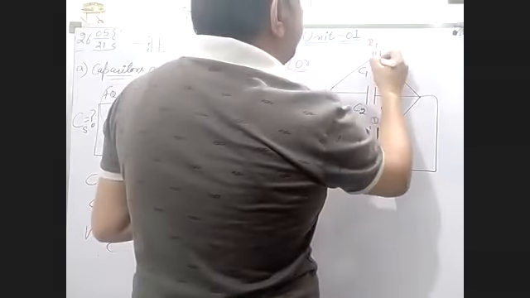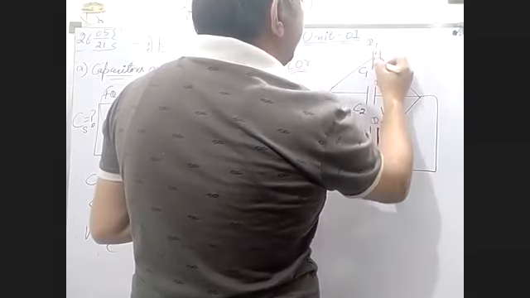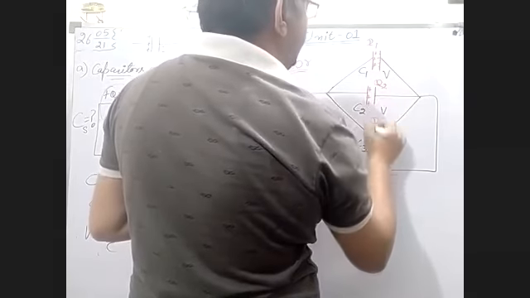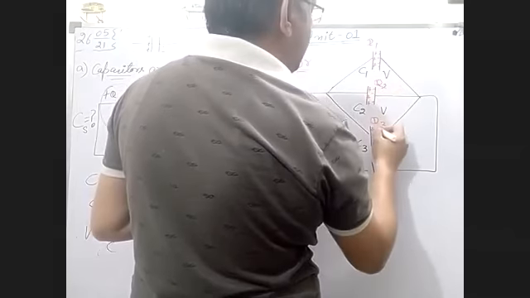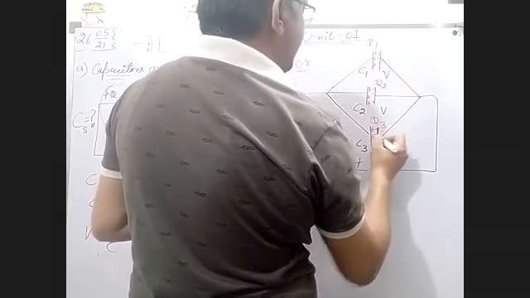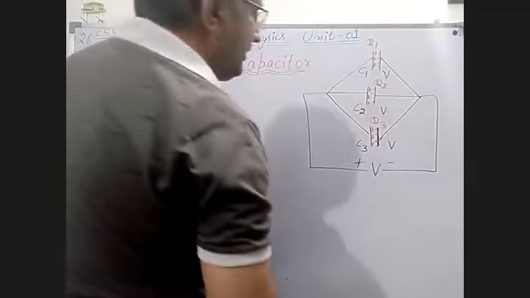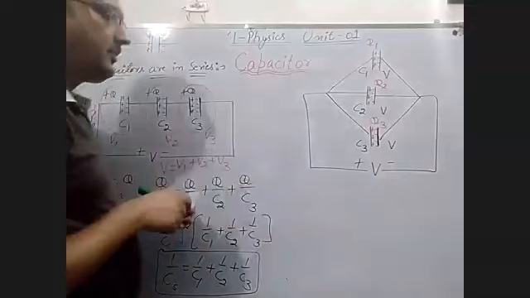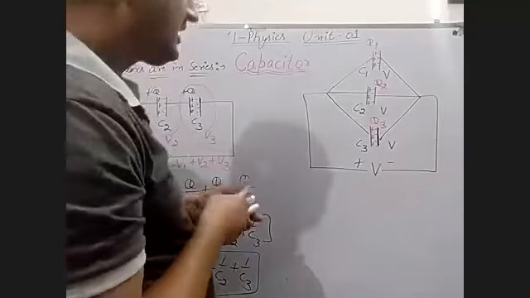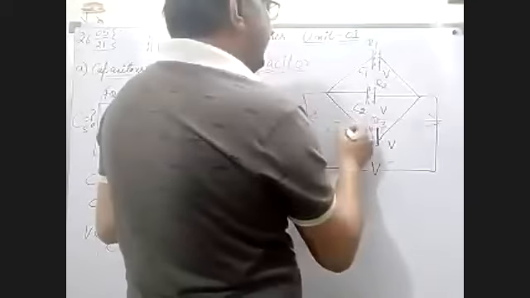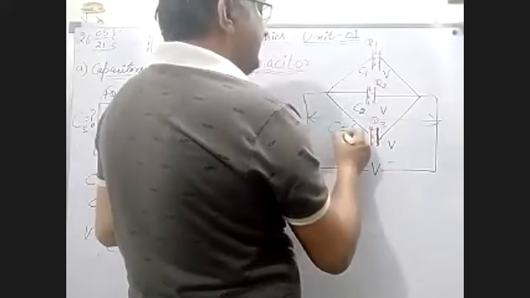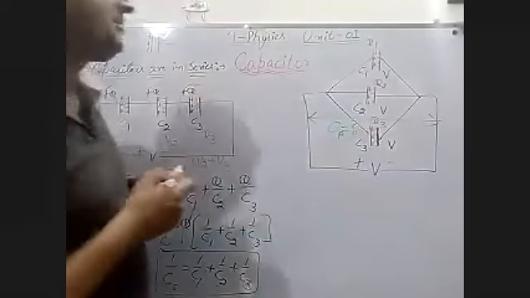And one more thing, these are plus and these are minus, plus and minus. Two plates are there, you can see in this diagram. Now, what is the total capacitance in this case? Cp, you can take it as Cp.